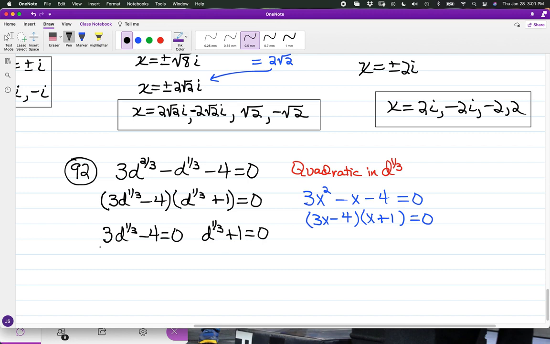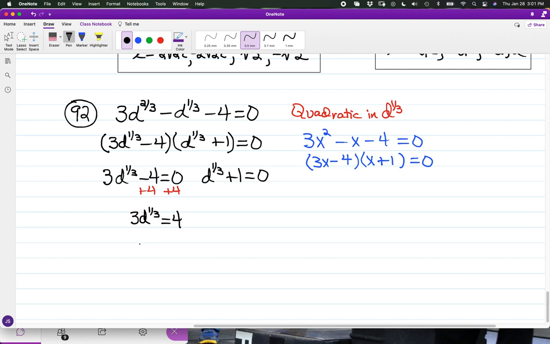If I isolate the D to the 1/3 terms, adding 4 in the first case, 3D to the 1/3 is equal to 4. Upon division by 3, D to the 1/3 is equal to 4/3.